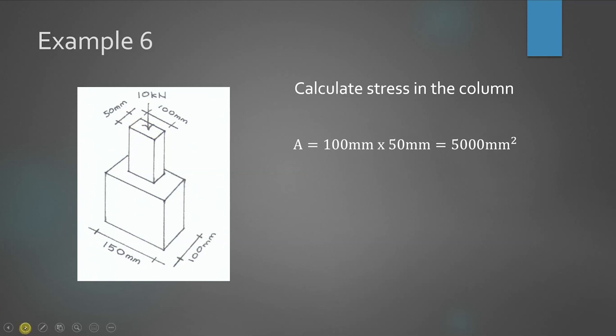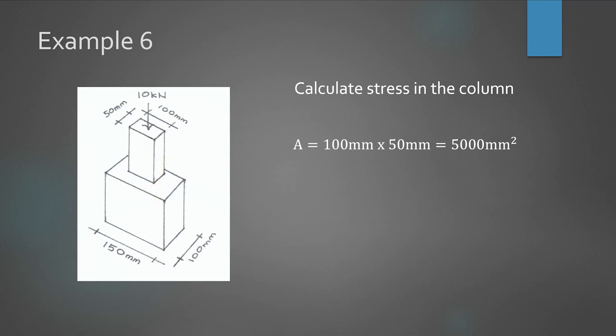First, as usual, we calculate the area of the column. In the column means inside this column. You have two different sizes because the cross section has changed, so we calculate twice: first for the top one and the second for the bottom one.